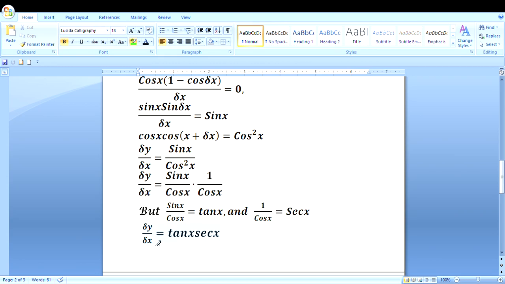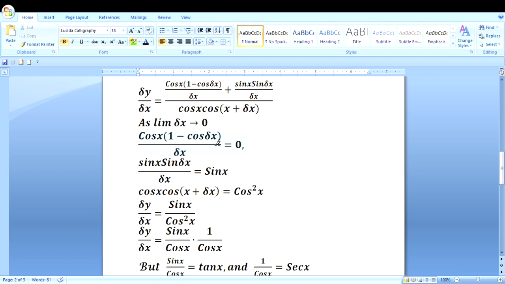So dy by dx is equal to tan x sec x. So this is one way we can find the derivative of sec x from the first principle, though we can also use what we call the quotient rule.